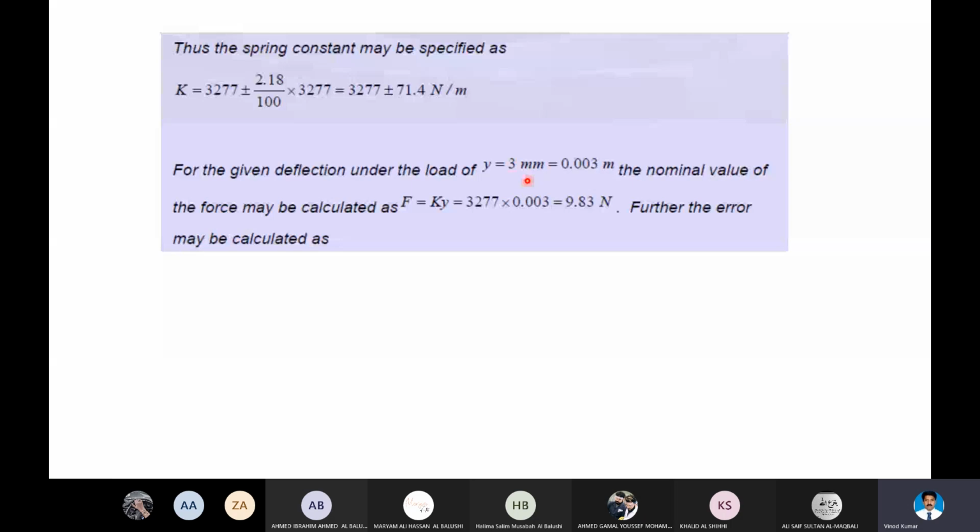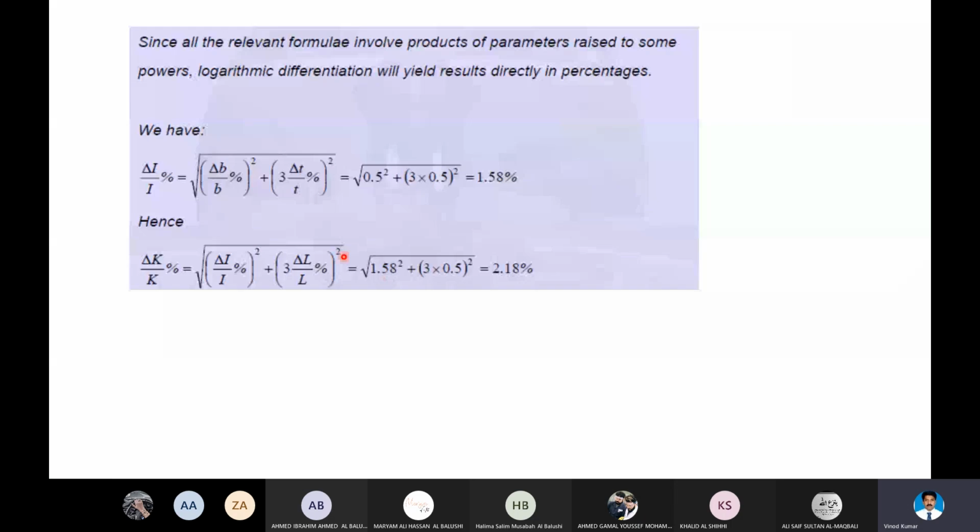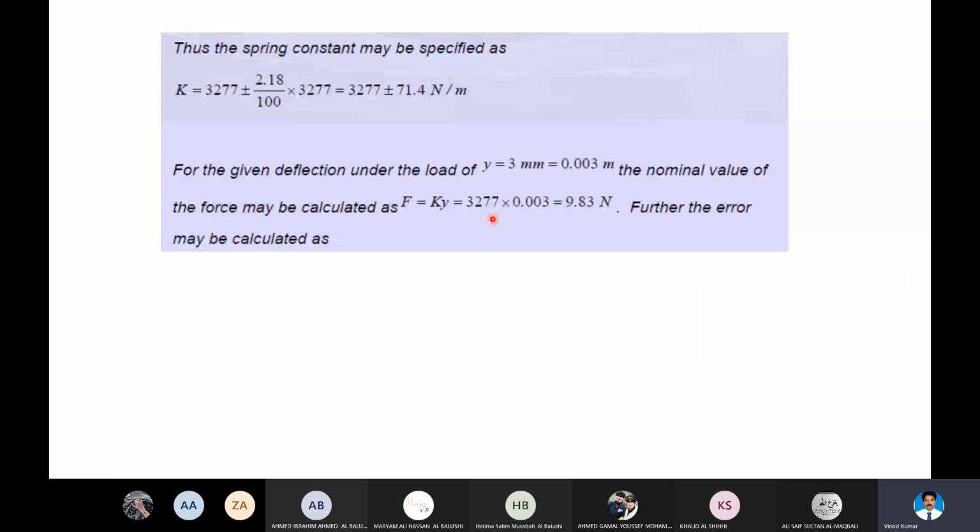So F is K times y, and the deflection y is already given in the question as 3 millimeter, which can be converted into meter. So the force is 9.83 Newton.